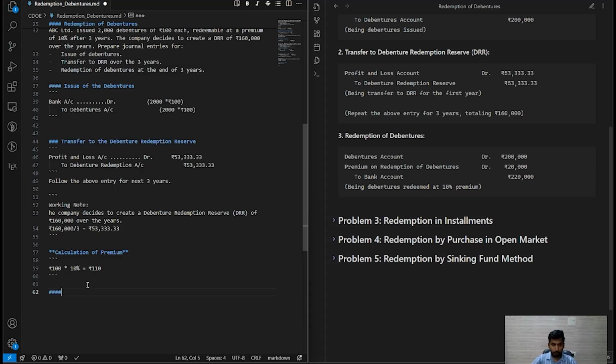After that, the entry for the redemption of debentures will be: debentures account debit, premium on redemption of debentures debit, to bank account.